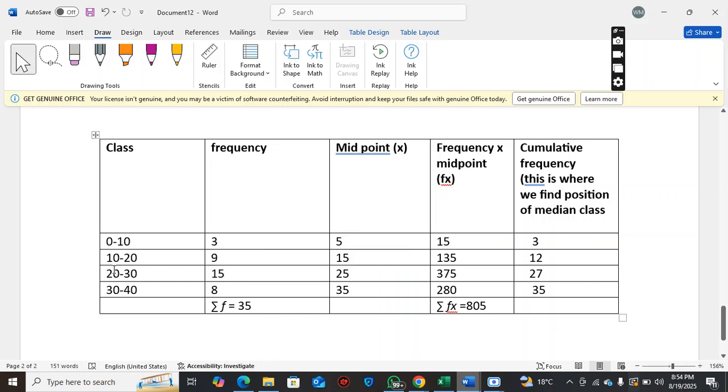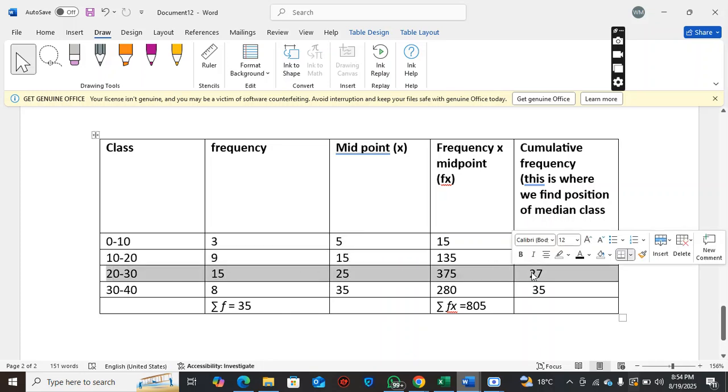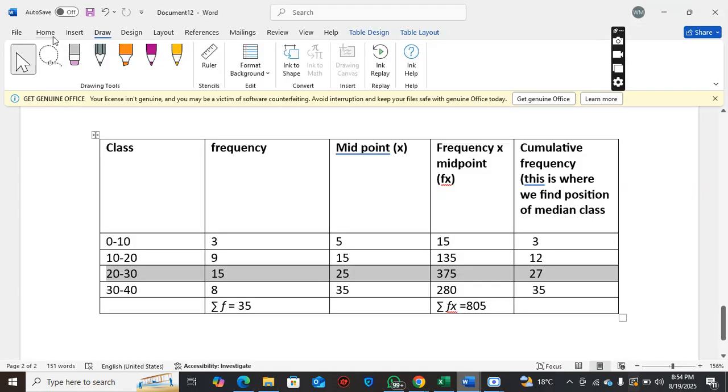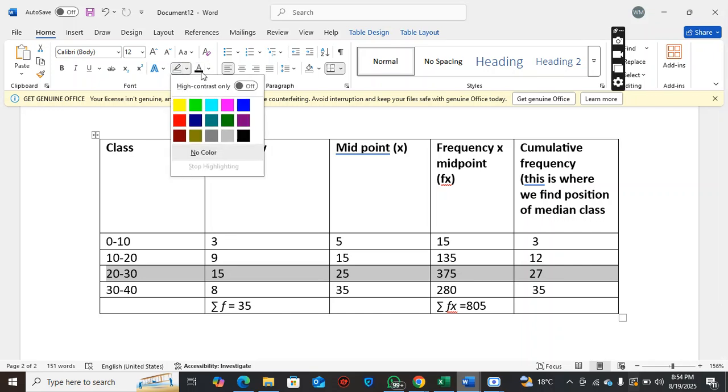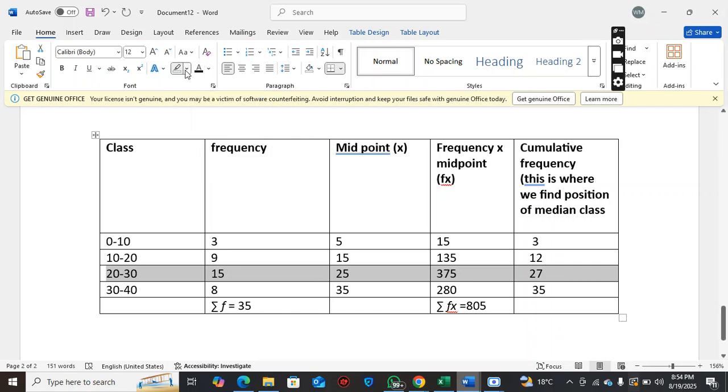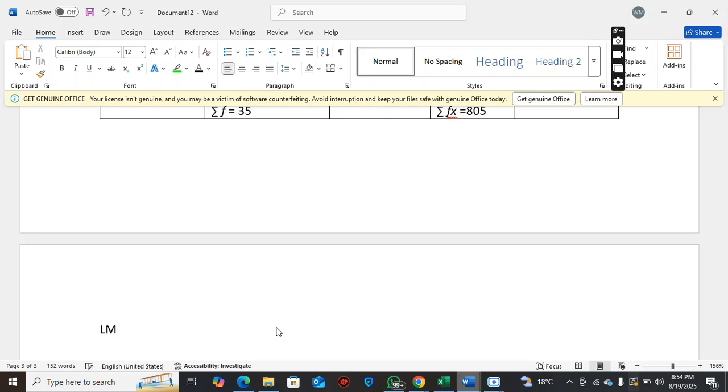So this is our modal class. Once you've located your modal class, you get the lower limit, Lm. Lower limit is 20.